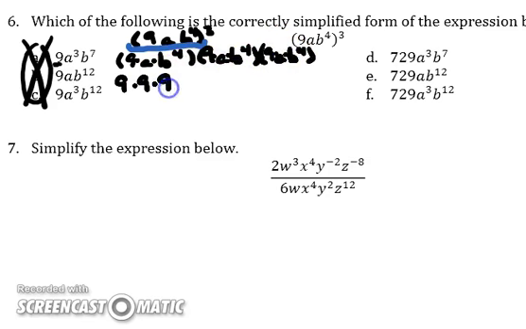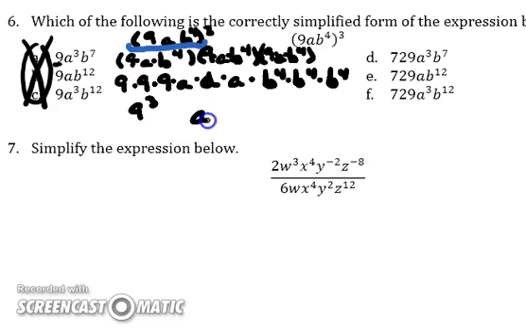I can rearrange them however I want because of the associative and commutative properties. A times b to the fourth times b to the fourth times b to the fourth. Okay. Now this is 9 to the third power, a to the third power, and b to the fourth power. And again, these are all multiplied by each other.